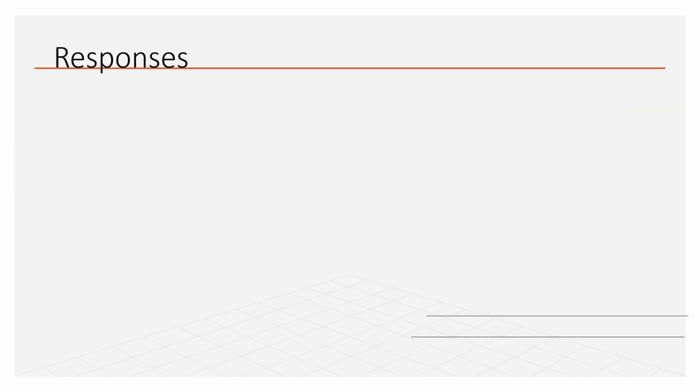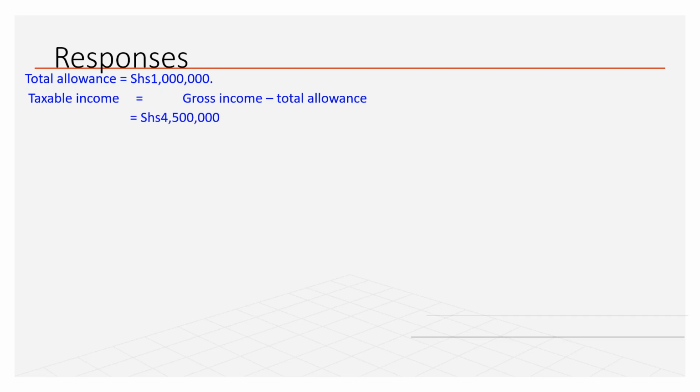Well, responses now. Let's dive into this very fast. Total allowances is shillings 1 million. The gross salary, we agreed, is 4.5 million. So taxable income, as usual, is the difference between gross and total allowance, and that will give us 3,500,000.